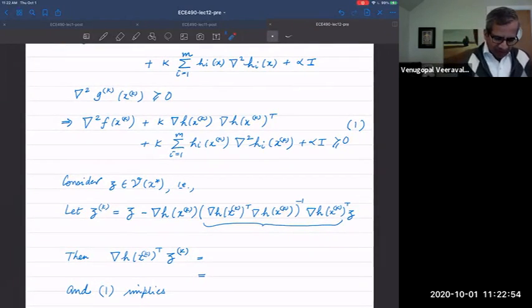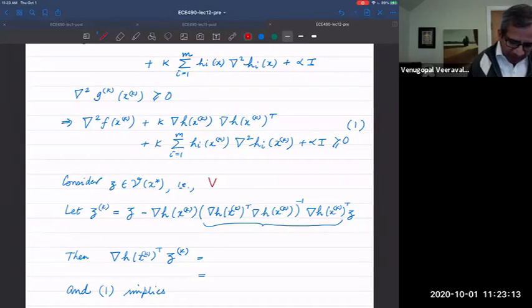I'm going to reintroduce this set V of x star. Remember, V of x star is the set of first order feasible variations. So if z belongs to V of x star, that means z is orthogonal to all the gradient h_i terms.